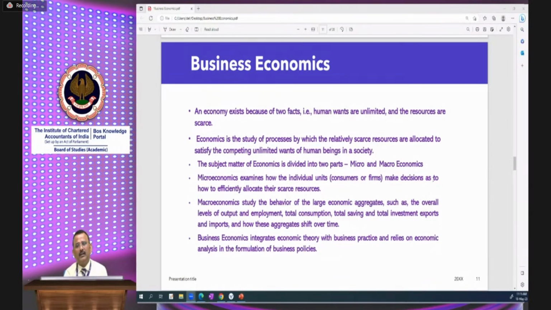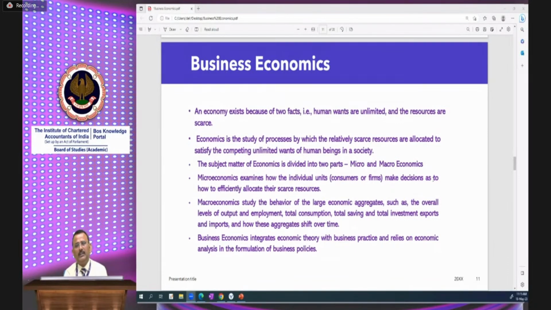Macroeconomics is not part of the syllabus at the foundation level. You'll be studying macroeconomics when you go ahead in your CA course. So business economics basically integrates economic theory with business practices and relies on analysis in the formulation of business policies.